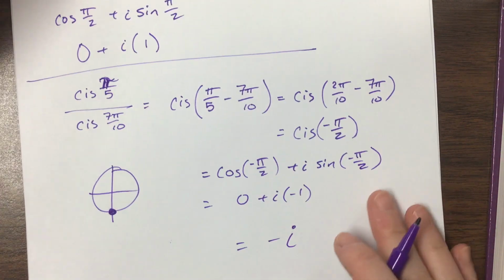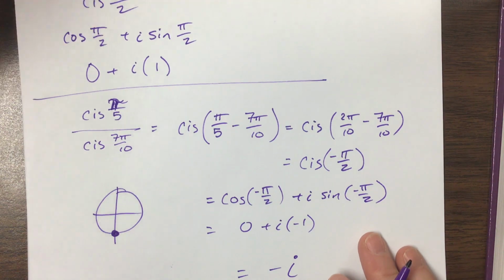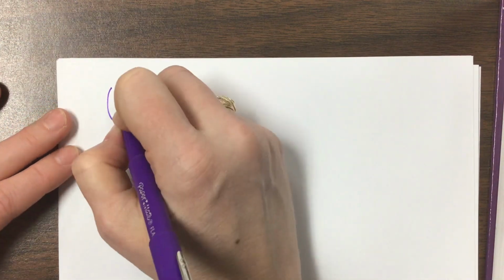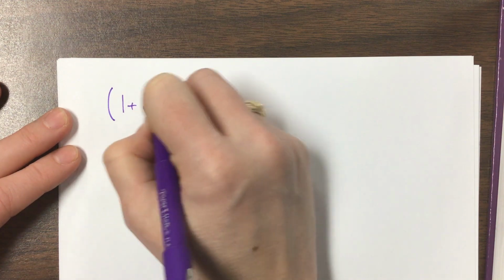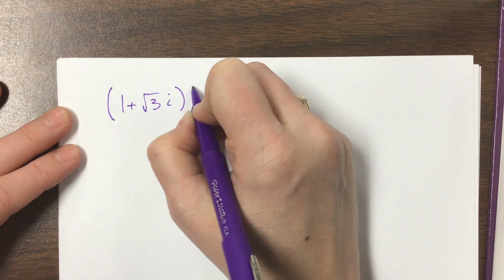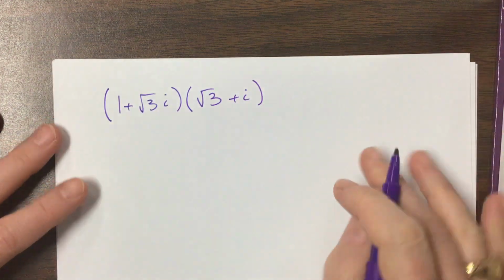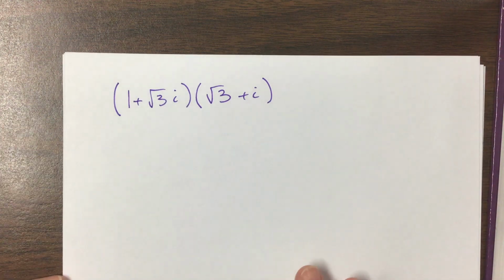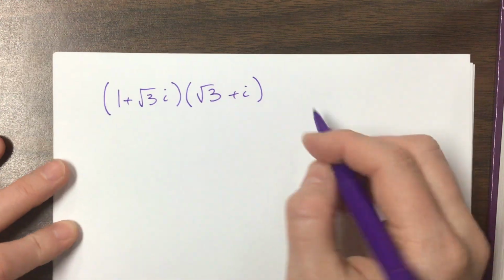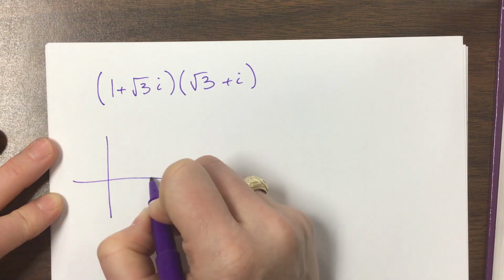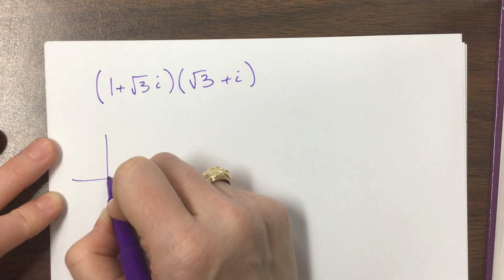Okay, last part of this example, real fast. If they give us a problem like 1 plus root 3i times root 3 plus i, and I want to multiply those together using polar form. What I know here is 1 plus root 3i makes a triangle.